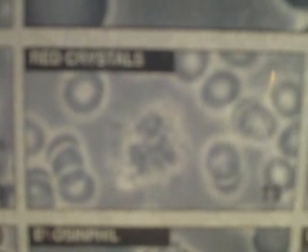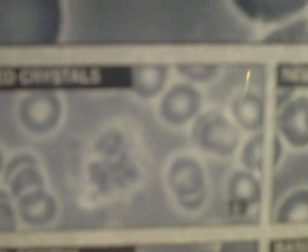Beside it here we have a black and white, a gray and white photo of a red crystal. Red crystals show up as red under the dark field, and come in various sizes, from little tiny things to really big things. If there's a lot, you've got somebody who's a significant heart attack risk.